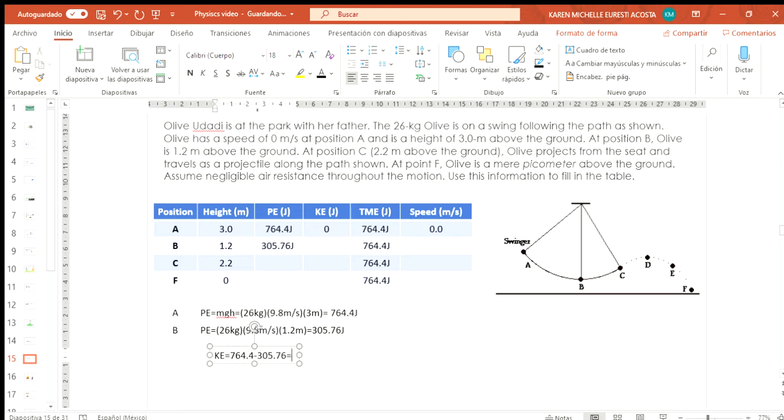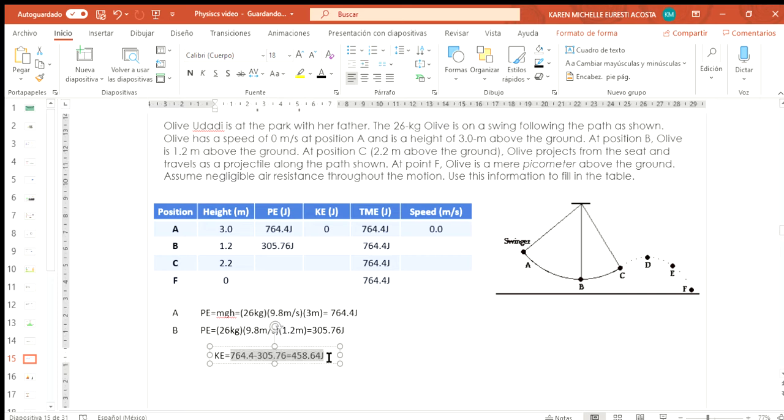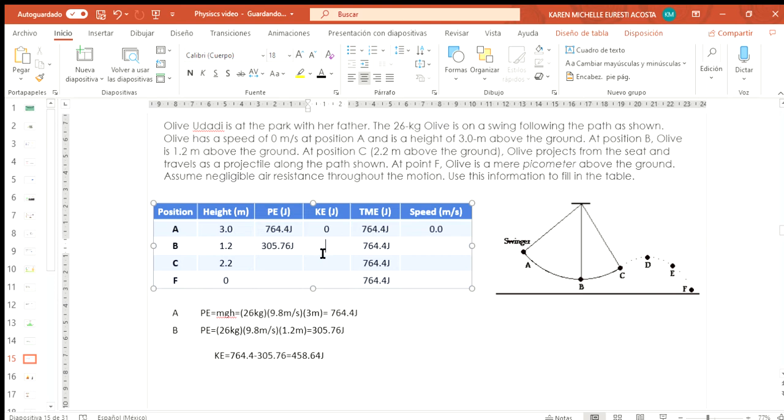We have that the kinetic energy is 458.64 joules. We fill in the chart.